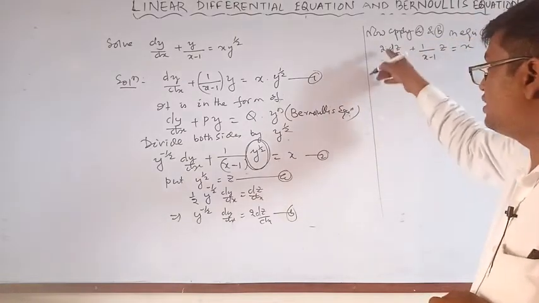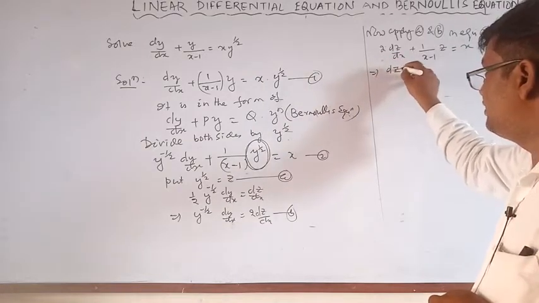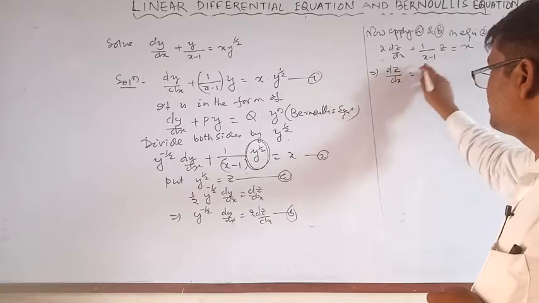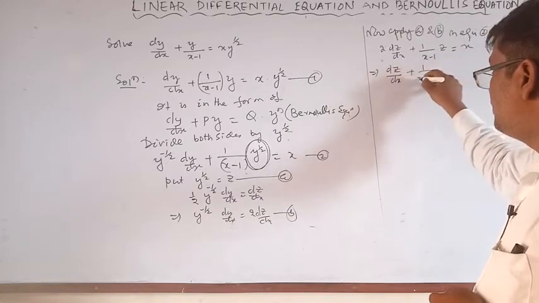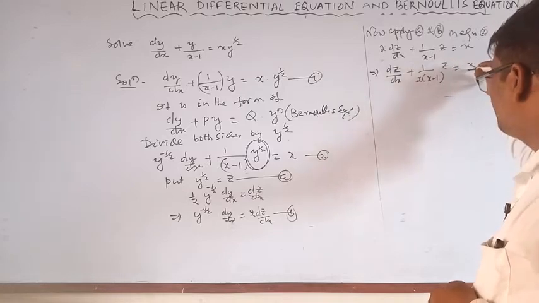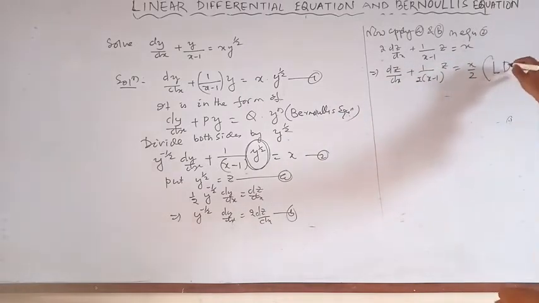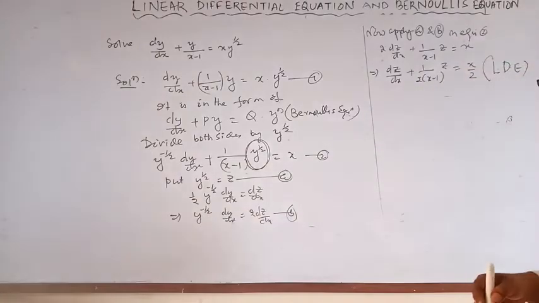So divide both sides by 2: dz by dx plus 1 by 2 into x minus 1 into z is equal to x by 2. This is a linear differential equation. LDE means linear differential equation.